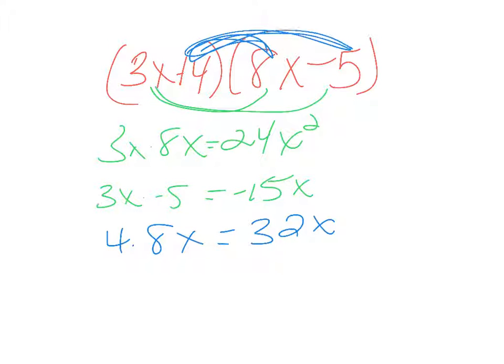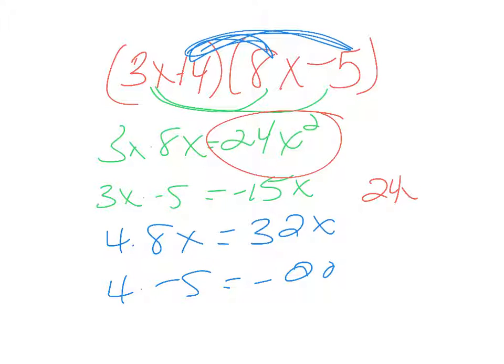And positive 4 times negative 5 is negative 20. So we can see that we have 24x squared. Combining these, we get 17x. And then at the end, we have a negative.